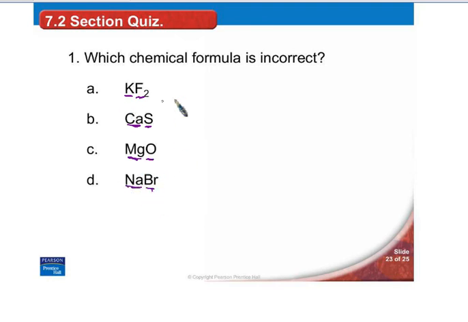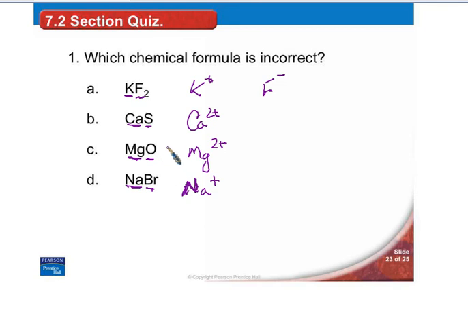We've got potassium, which has a K+. We know the fluorine is over there, a halogen, so it's got a minus. Calcium over here is a Ca2+. Magnesium is a 2+. And sodium is a +1. Now, if you need help with these, remember from 7.1 that cations are formed by losing electrons to make them look like a noble gas.